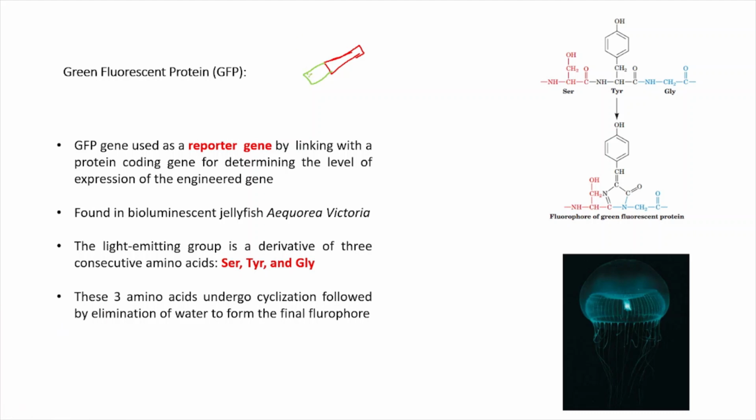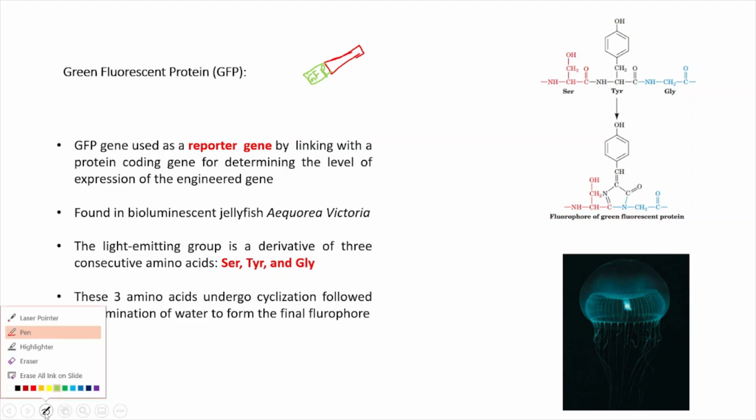Suppose you engineered a protein, and you link the gene of the engineered protein with a GFP gene. So this is the GFP gene, and you see the expression level. If this protein is expressed, you will observe green fluorescence.